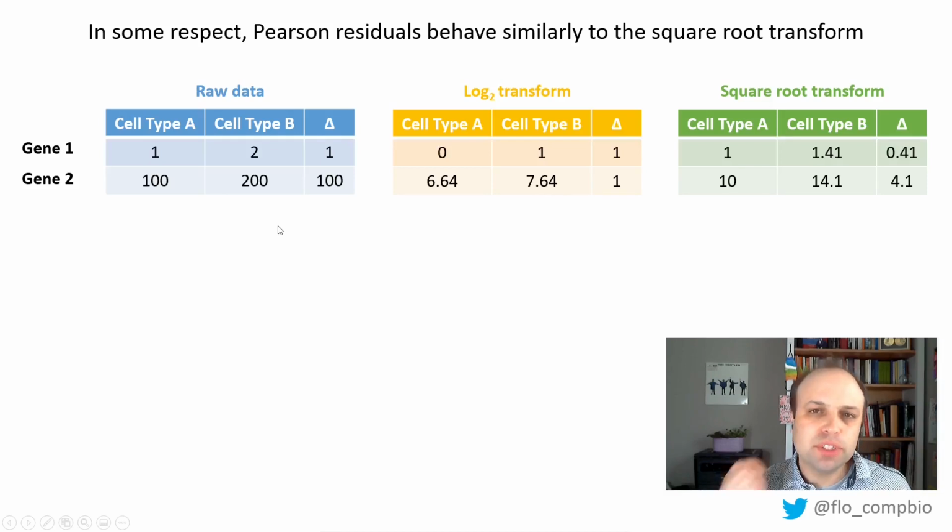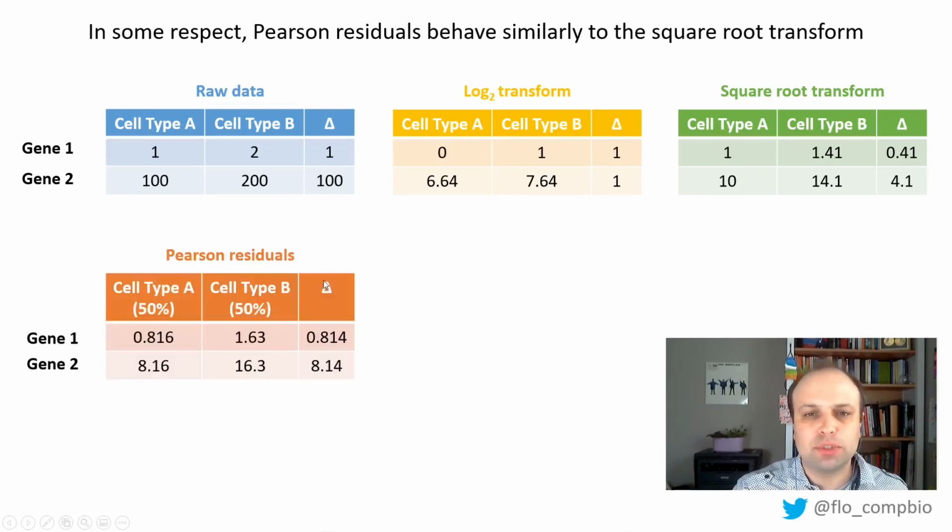So in some respect, Pearson residuals behave similarly to the square root transform. What I mean by that is, if we go back to our example and look at what happens with Pearson residuals, assume for a second that cell type A and B are each 50% in the data. You just go through the math, and what you find, again similar to the square root transform, is that after you convert everything to Pearson residuals, the difference for gene 2 is 10 times higher than the difference for gene 1.